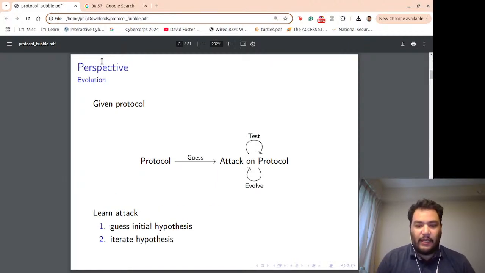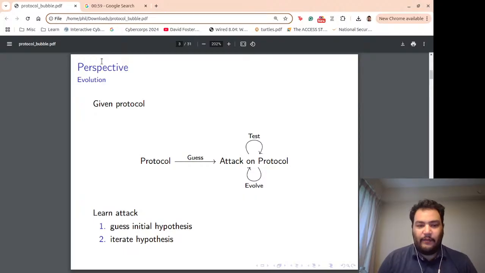For us, it means that we want to learn what attack is going to work. And the way that we do that is by guessing and then testing our guess and then updating our guess based on how it's doing on the test, and then repeating this process until the test passes or we see evidence that this iteration is not helping.